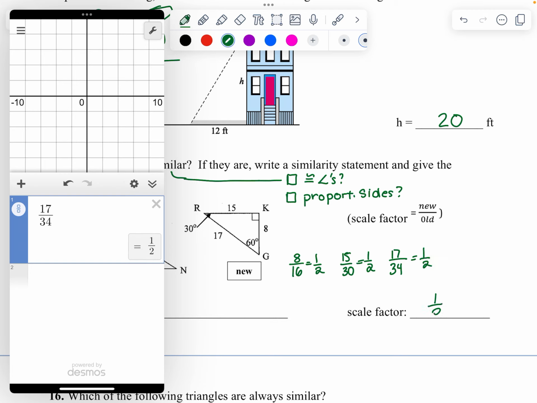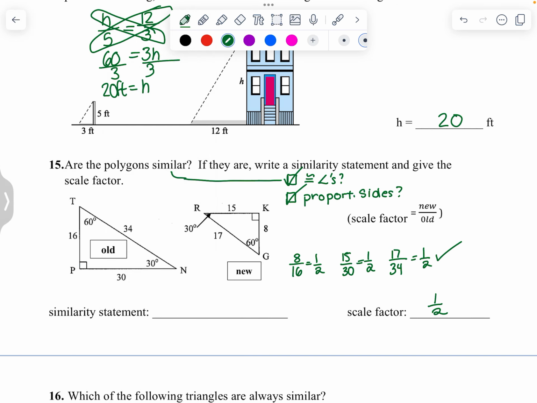Our scale factor is 1/2. And since they're all equal, yes, we have proportional sides. Yes, we have congruent angles. So let's write a similarity statement. Triangle TPN is similar to triangle GKR.